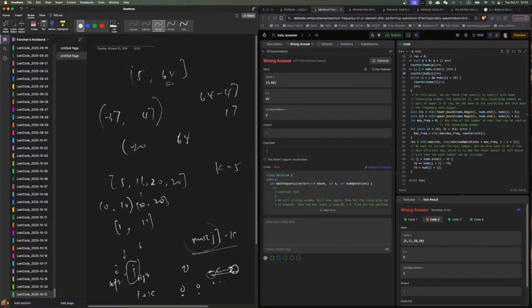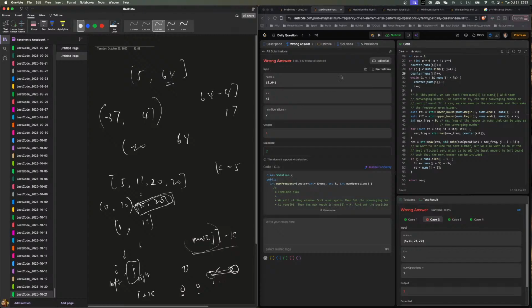Again, this minus 5 is 15, and then 11 plus 5 is 16. So still, this is only 1. Okay, so next it's 0, because this is minus right bound. So the range is still 10 to 20.